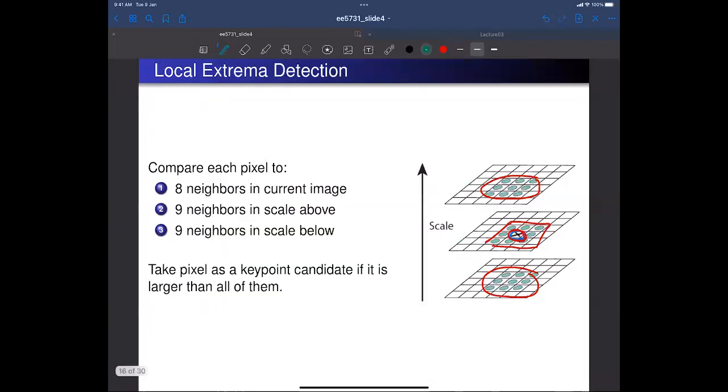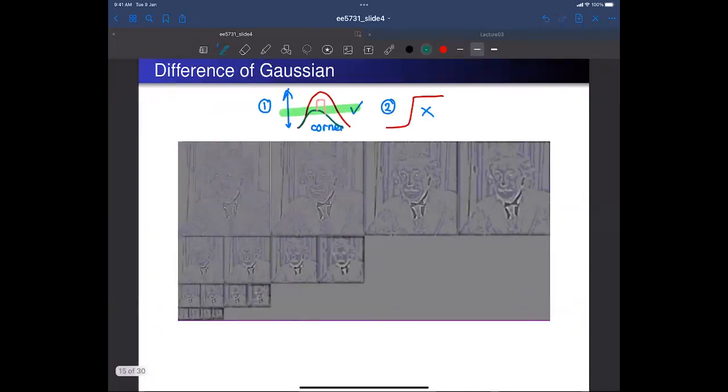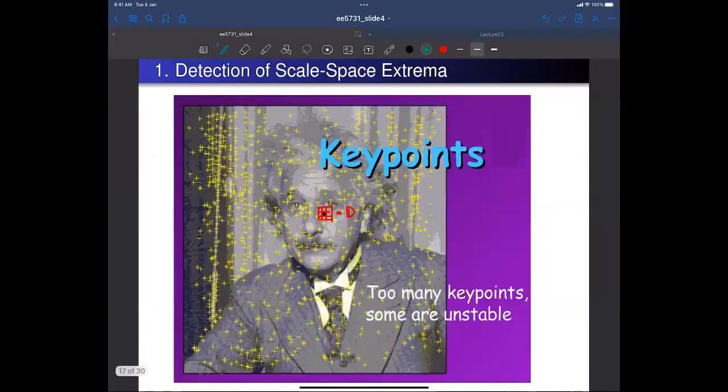Then we do the Gaussian convolution and the key point detection below. For the other scales, you have to do exactly the same operation, even for the smallest one. So in the end, you will have these key points for all scales, not just the original scale.